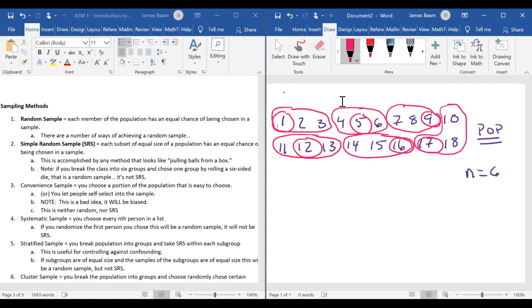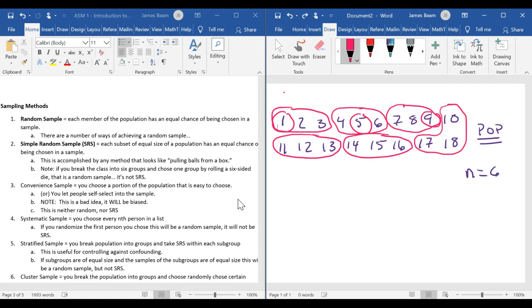That would be an example of stratified sampling. If the groups are of equal size and the samples of the subgroups are also of equal size, you would get a random sample. It is not simple random, but it would be random. So stratified means you take some from all. So that's the key words there, some from all.